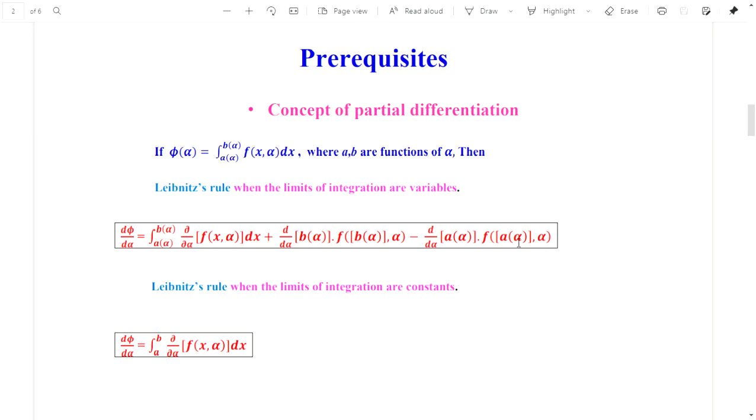This is the formula when the limits of the integration are in terms of the parameter.